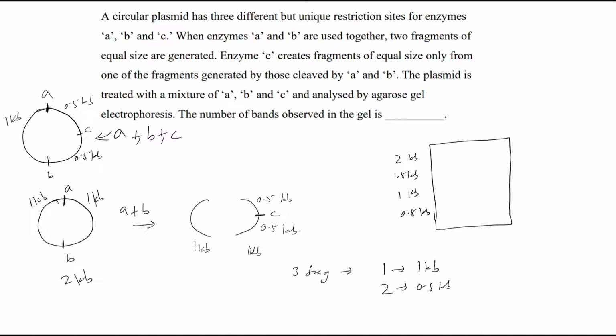So there will be one band at 1 kb and one band at 0.5 kb. So the answer is two bands.